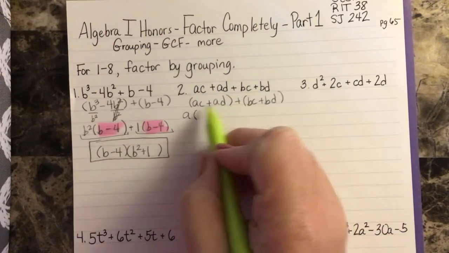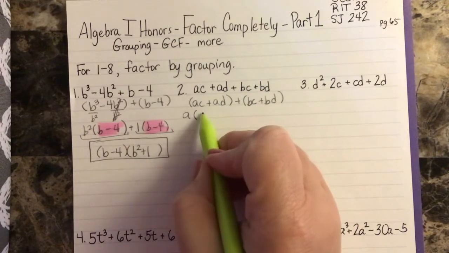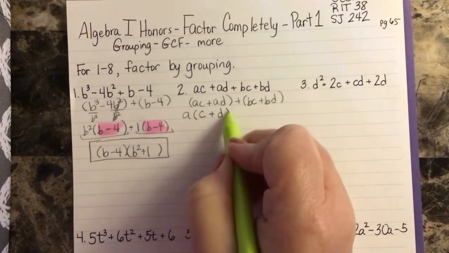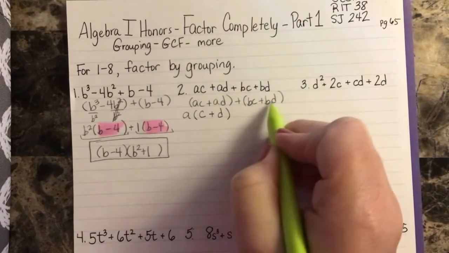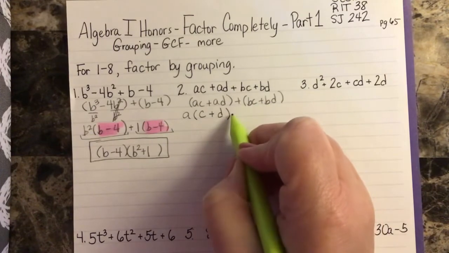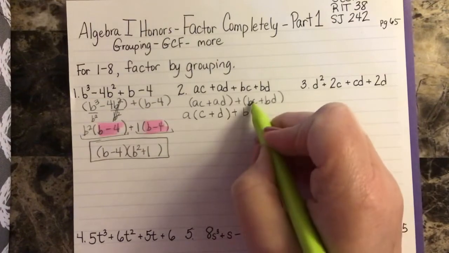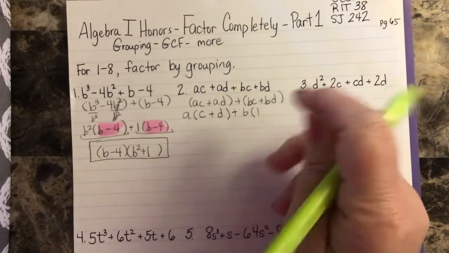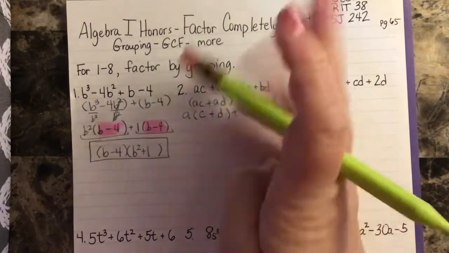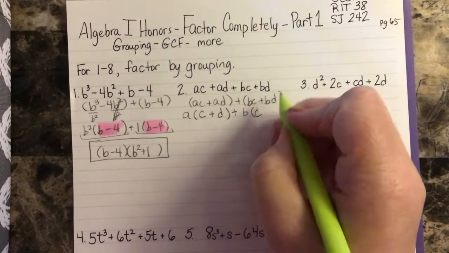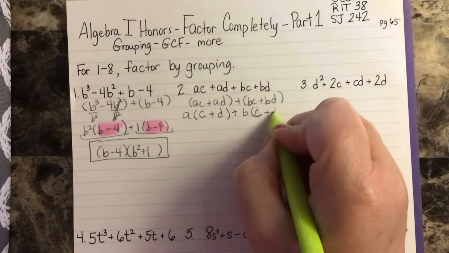And divide both of those by a. AC divided by a would just leave c. AD divided by a would just leave d. This group, hopefully you can see, has b in common. I'll bring down my plus sign. They have b in common. BC divided by b is just c. And BD divided by b is plus d.